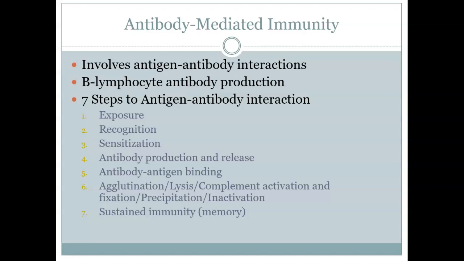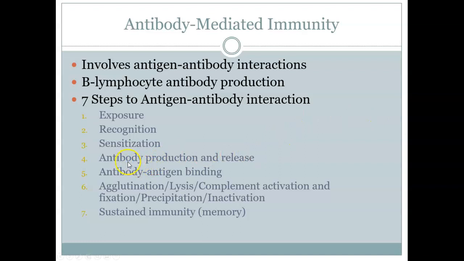The B cells are sensitized and recognize the antigen for the future. In particular, the plasma cells start producing the antibodies, and the memory cells are produced for that antigen, and they will react if the person is exposed again.